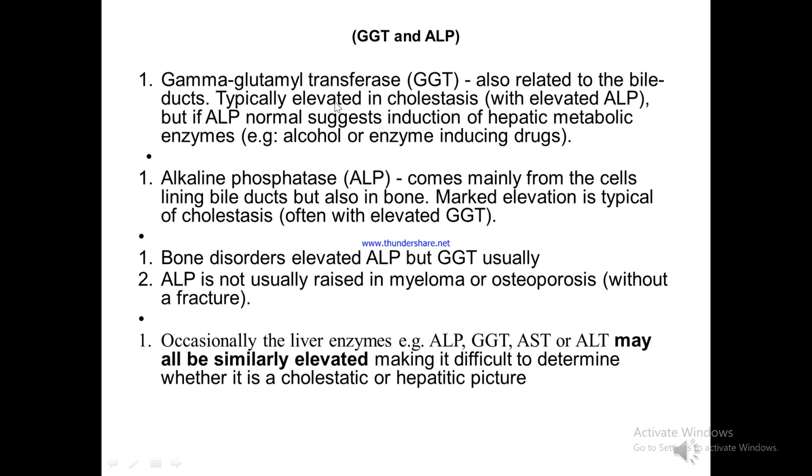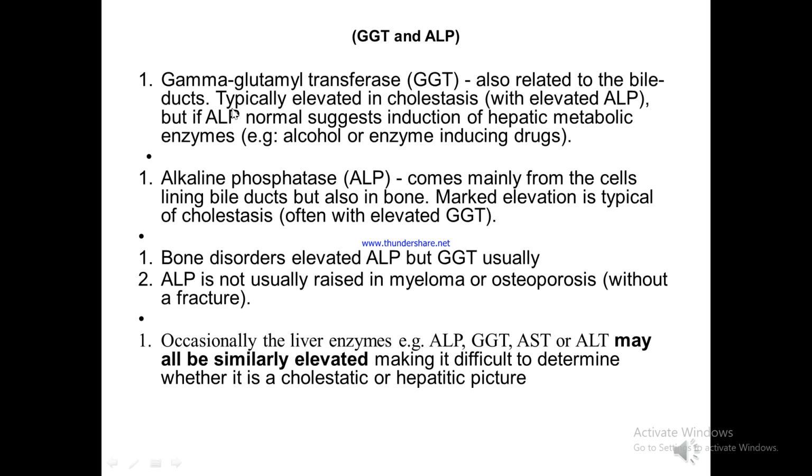Okay, typically elevated in cholestasis, but in this condition alkaline phosphatase is also most elevated. Okay, when both gamma-glutamyl transferase and alkaline phosphatase are elevated, it is related to cholestasis, and there are abnormalities in the bile ducts or biliary system.